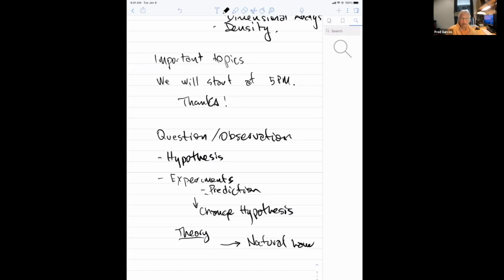So that's a hypothesis. So you do the experiment. You go in and you might have a voltmeter, and you determine what the voltage is of your battery. So these are things that you do on an everyday basis without even thinking about it. Okay, so that's what I mean by the scientific method.